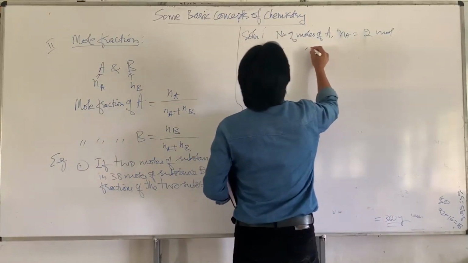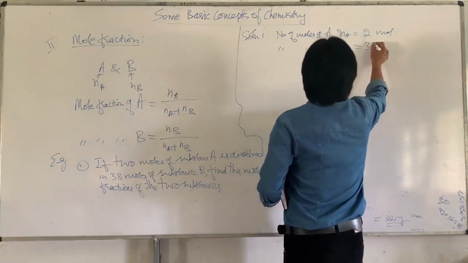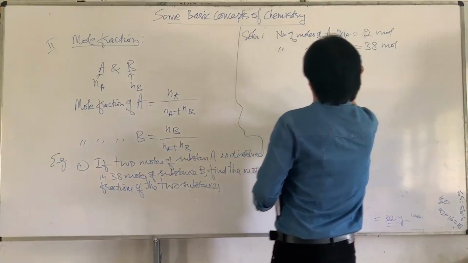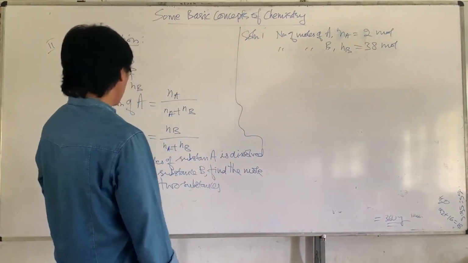And the number of moles of B, you're taking as Nb, and this is 38 moles.